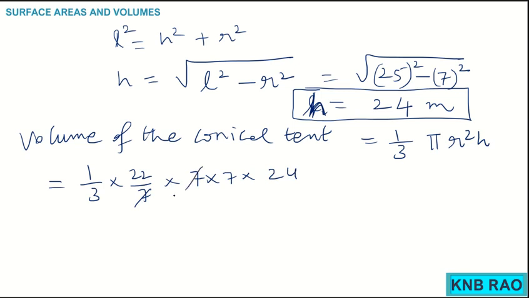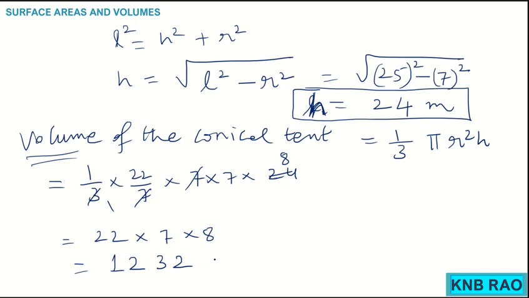So 7 cancels here, and 24 cancels with 3, giving 8. Now we need to multiply 22, 7 and 8 with that. So this product is 1232. Since it is volume, you can say meter cube as its units. Now you can write the conclusion. This is how this question is solved.